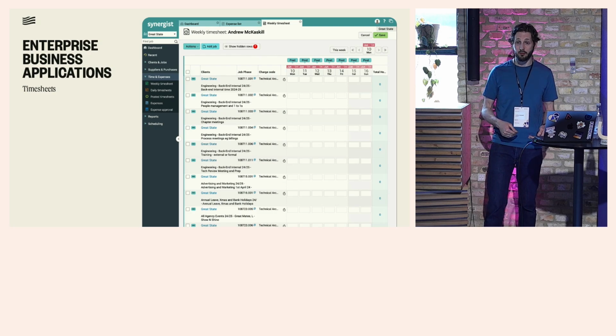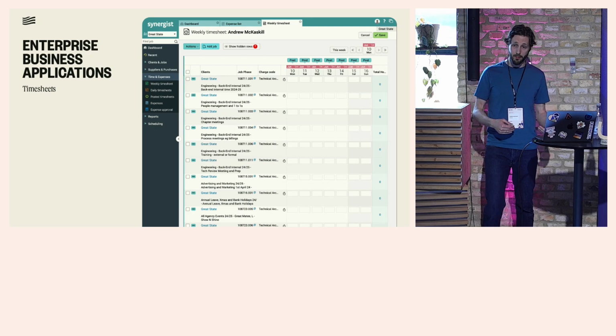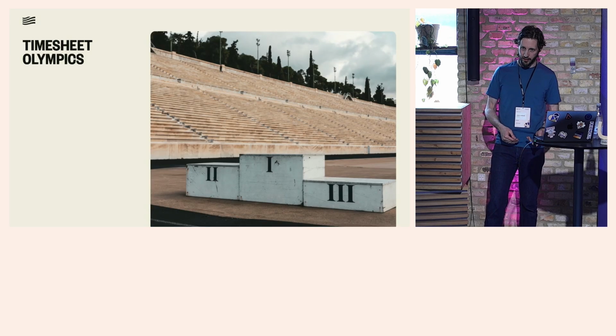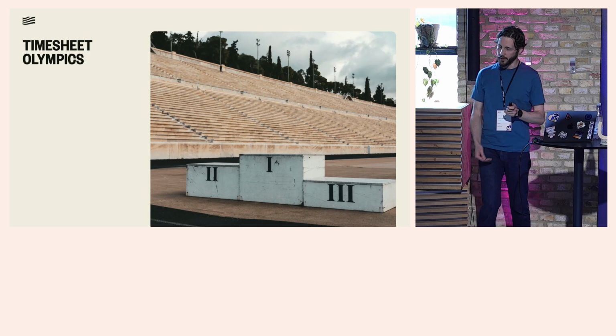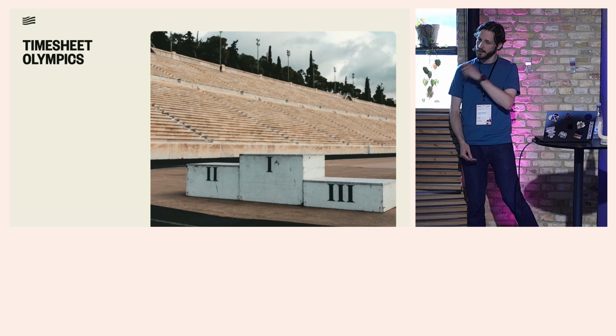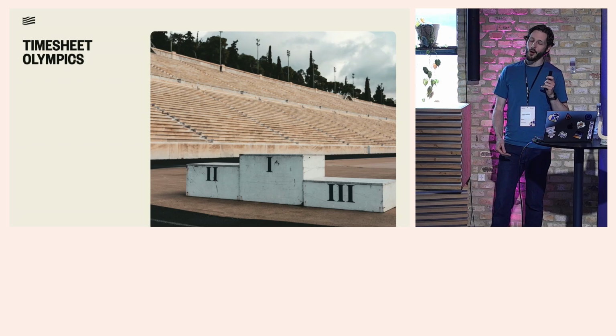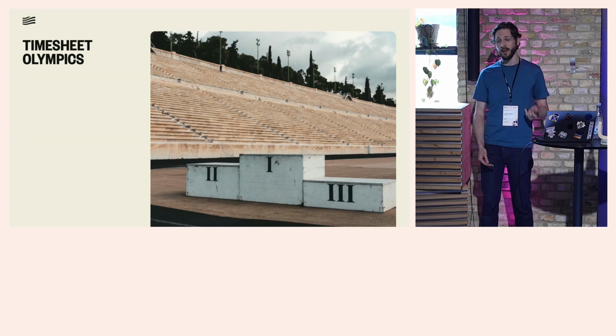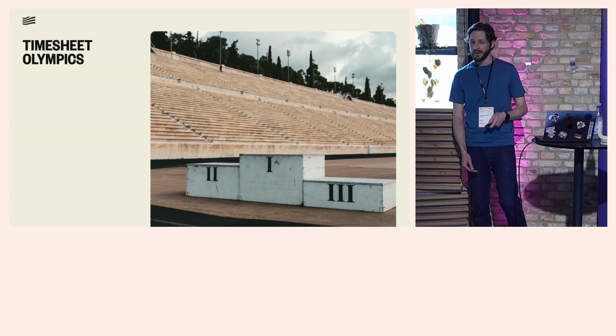And in fact, at Great State, we need them so much that we have created what we call the timesheet Olympics. This is not Umbraco Olympics. That would be fun. This is not fun. So every week at 10 a.m. on a Monday, we have a competition to see which departments can get all of their timesheets from the previous week filled in before 10 o'clock.